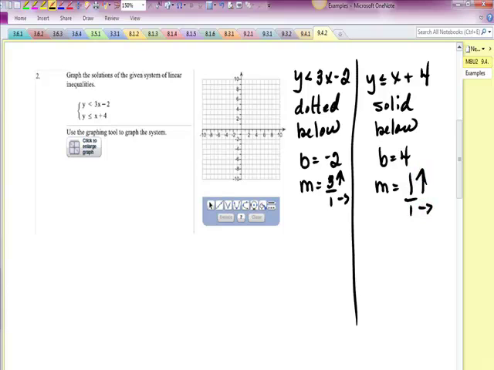You have to be a little bit careful when you switch from using one kind of line to using another kind of line. Sometimes it switches your original line, so watch out for that. All right, pick the line. Pick dotted for the first one, and I will begin at -2. I will go up 3 and over 1. I will get a dotted line, and although I won't use the bucket, I do know that I'm shading below.